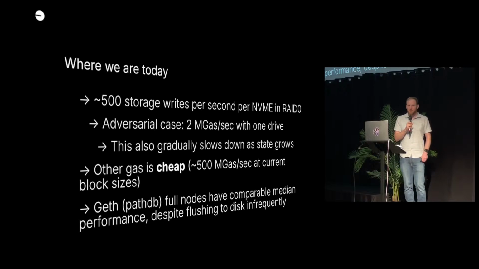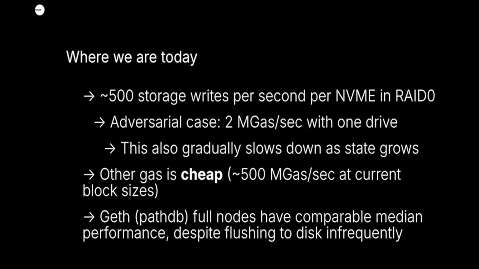So where are we today, really, in wrapping this up? We know we can get around 500 storage writes per second per NVMe drive in RAID 0, which scales generally linearly. So in the absolute temporary adversarial case, when you're just deleting lots and lots of slots and doing nothing else with your gas, that puts you somewhere on the order of 2 megagas a second per drive, which will also slow down a bit as state grows.